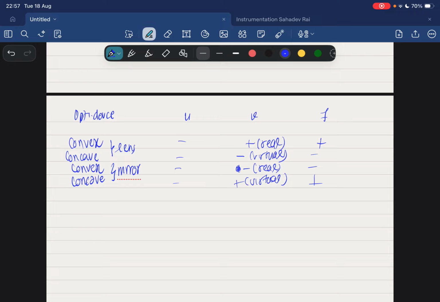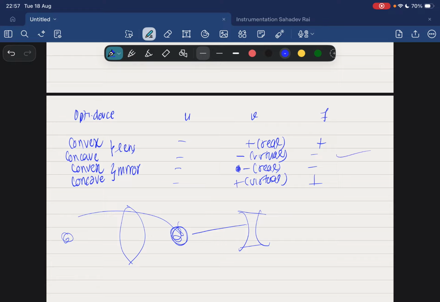This is it about the optical devices. Convex lens, image is formed right here, focal length positive, image distance positive, u negative. Concave lens, image is formed right here, focal length is right here, object is right here, all negative.